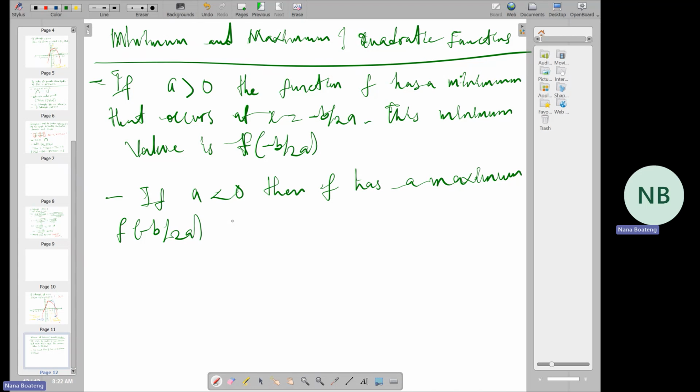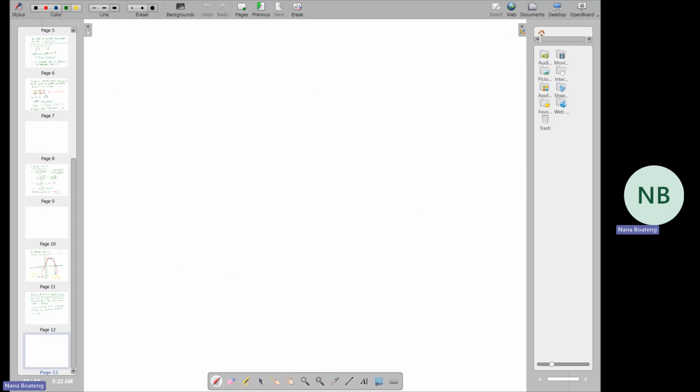And this maximum value occurs at x is equal to minus b divided by 2a. Right. So let's use an example to explain this. So the example is this, we call it example 3a.